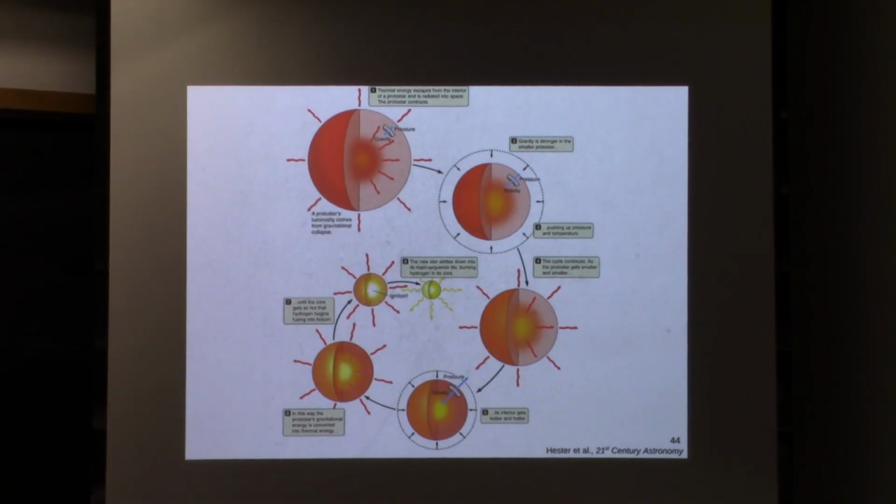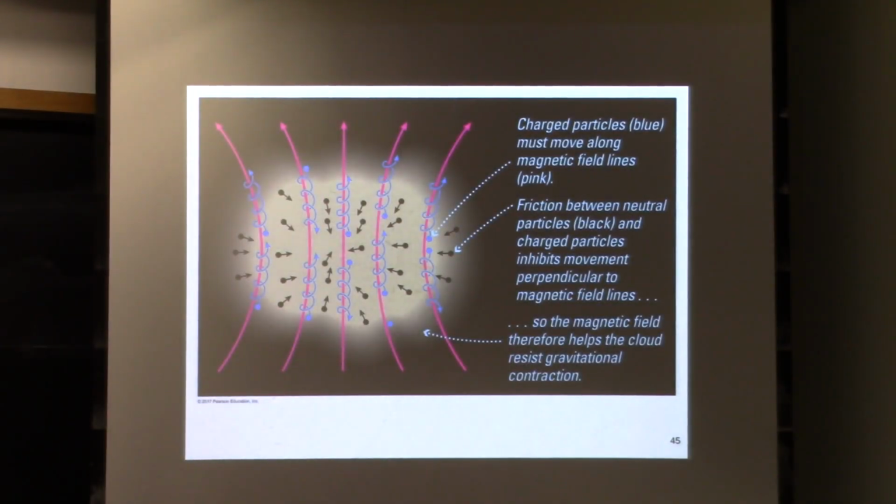All right, so we talked about giant molecular clouds colliding with one another. Magnetic fields within the clouds play a role in that, because if the temperature in a region where they've collided gets hot enough to produce some ionization, then charged particles have to move along magnetic field lines, shown as pink here.